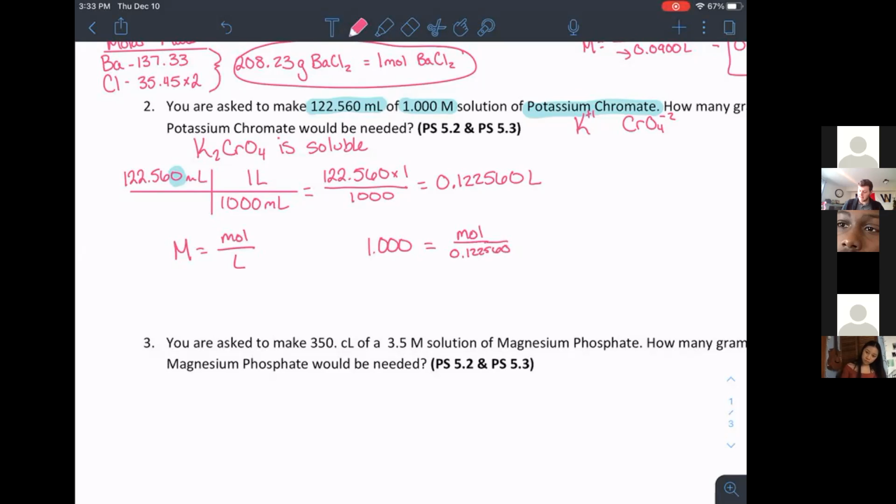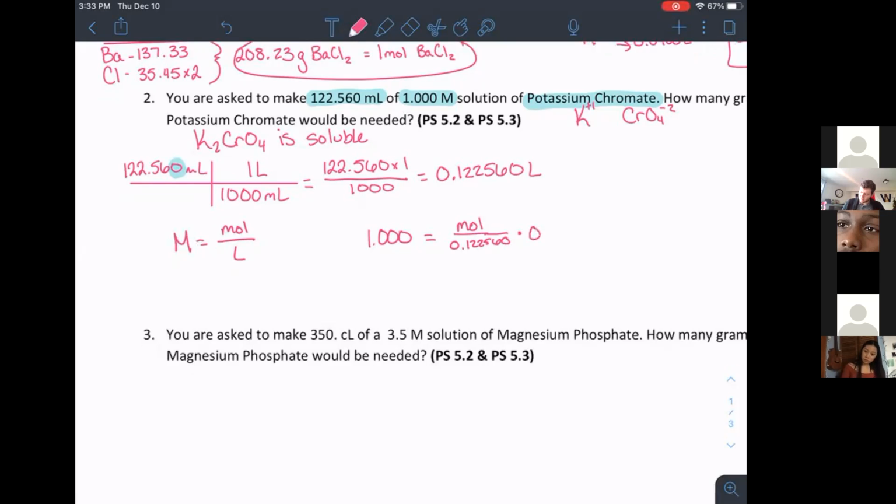To get the moles by itself, we are going to multiply the volume or the number of liters to both sides. When we do that, these cancel over here, and we are left with the number of moles, which equals 0.1226 when we round to significant figures because of our 4 significant figures in our molarity. So this is our number of moles.